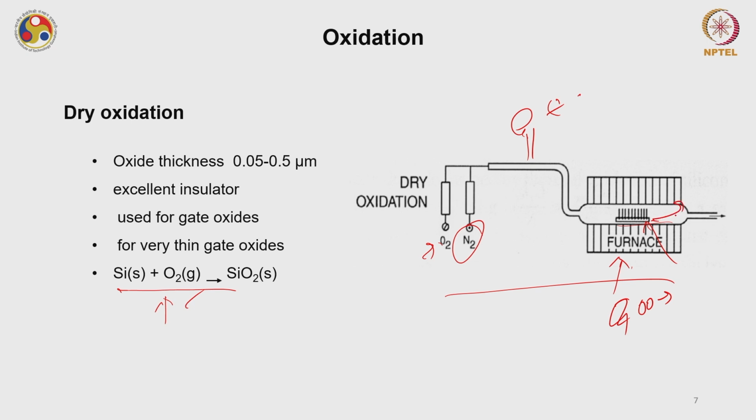From the loading of the wafers you can clearly see that you can oxidize multiple wafers in one go. You don't have to push every wafer individually. You can oxidize a number of wafers at a time depending on the loading capacity of the tubular furnace.